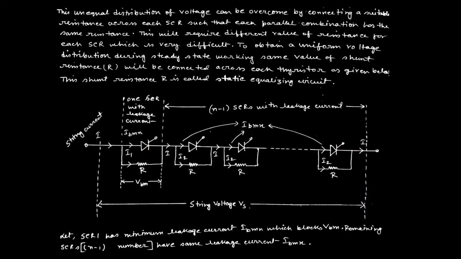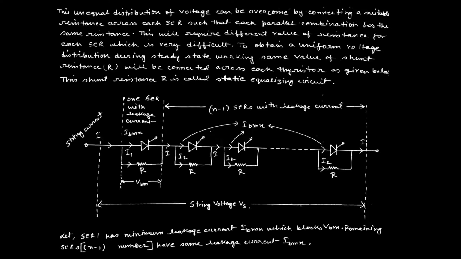But we assume for the first SCR, which can block the maximum voltage, a different value of leakage current, that is IBMN. And the potential difference or voltage appearing across the first SCR is VBM.